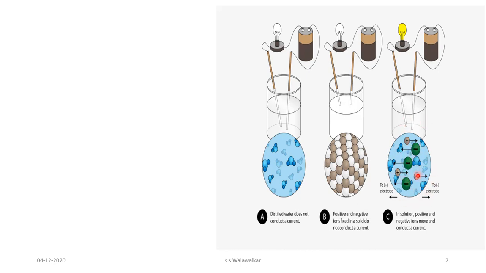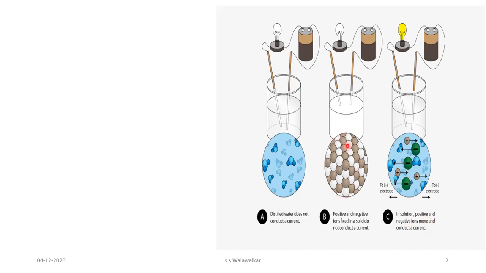The number of positive and negative ions increases, and when the electrodes are connected to the battery, movement of ions takes place, that is, charge transfer takes place from one part of the electrolyte to the other part of the electrolyte, and therefore such a solution conducts a current due to the movement of positive and negative ions.